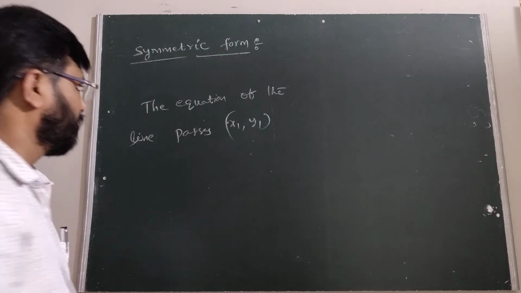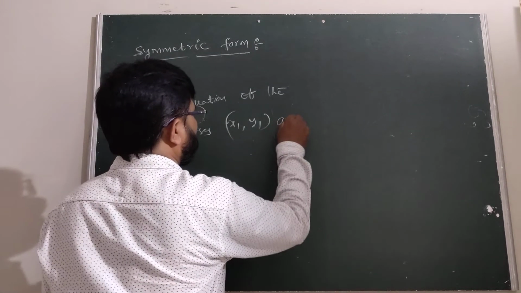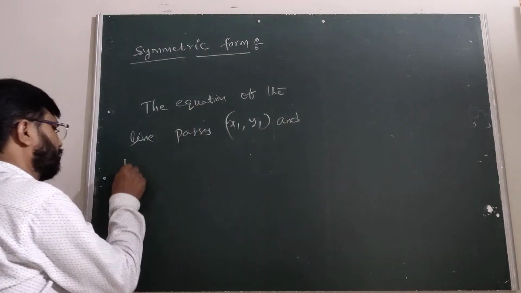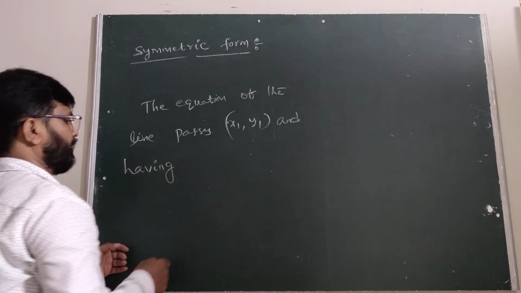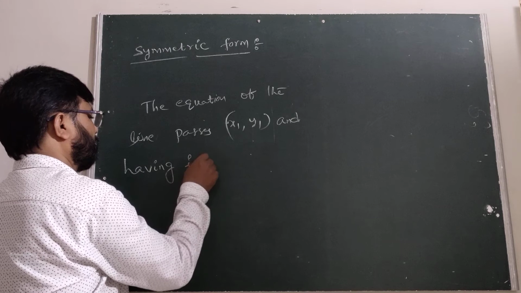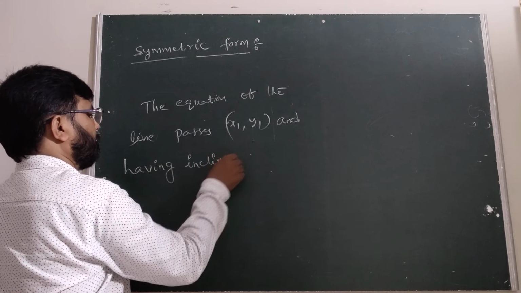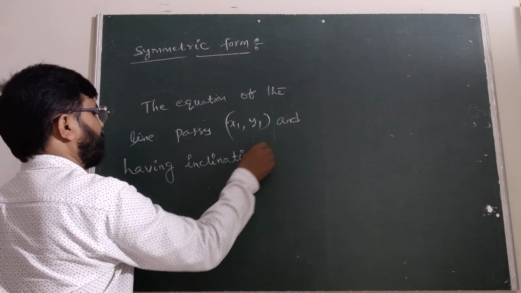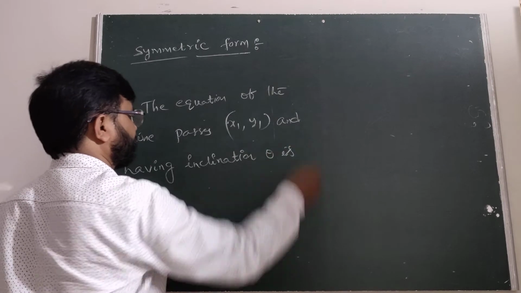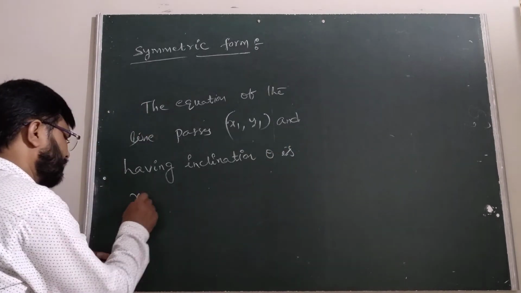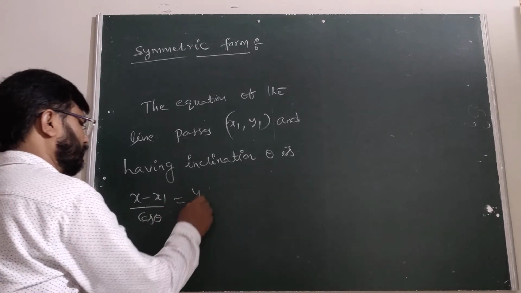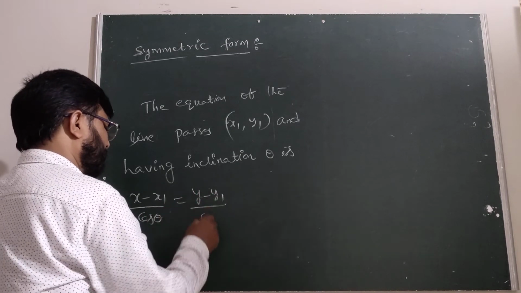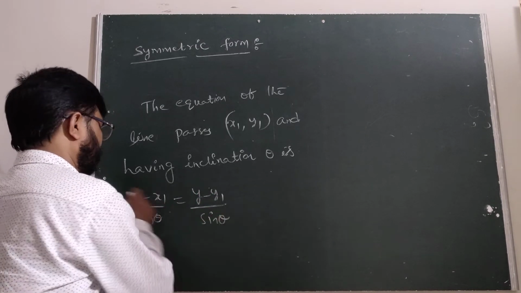The line passes through the point (x1, y1) and has inclination theta. It is (x minus x1) by cos theta equals (y minus y1) by sin theta.